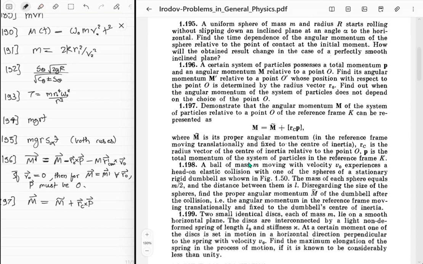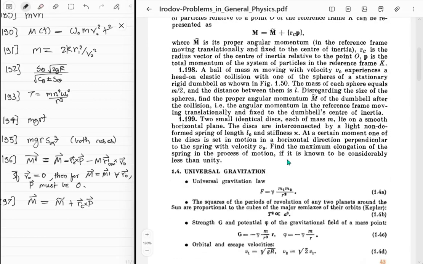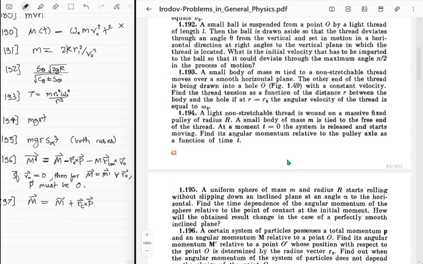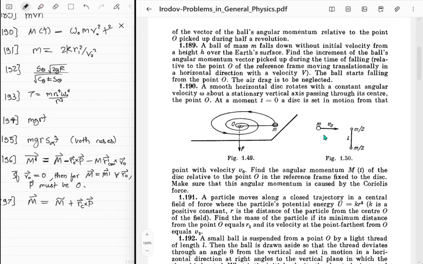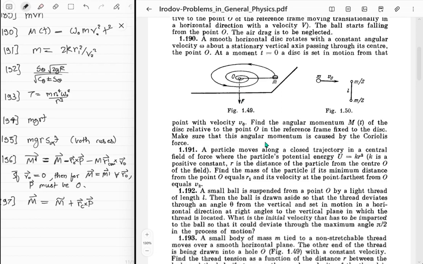A ball of mass m moving with velocity v naught experiences a head-on elastic collision with one of the spheres of a stationary rigid dumbbell, as shown in figure 1.5. Wait, where's 1.5? I think it should be, yeah, okay. Stationary dumbbell, point mass, ball, collision with that.